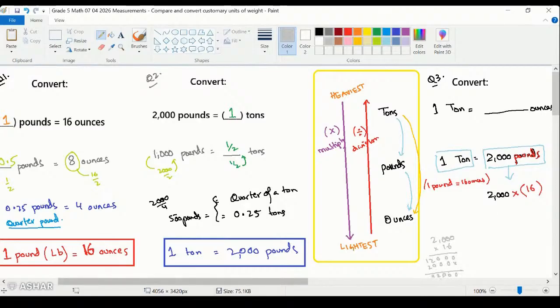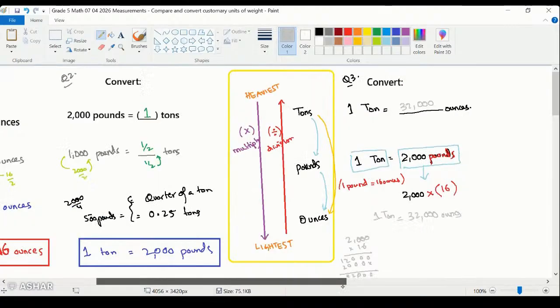It comes out to be 32,000 ounces. So we can say 1 ton is equal to 32,000 ounces, agreed? So what we are doing is a double conversion over here. First we converted from tons to pounds, and then from pounds to ounces.